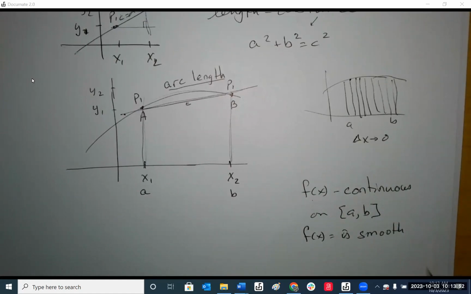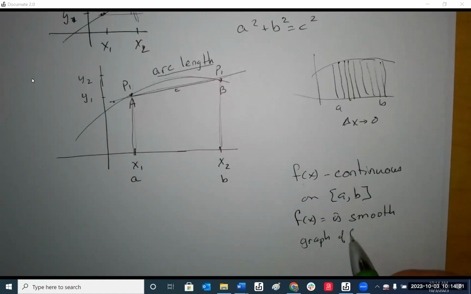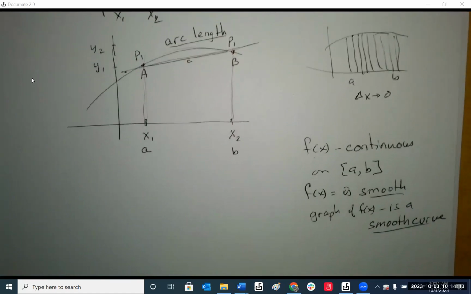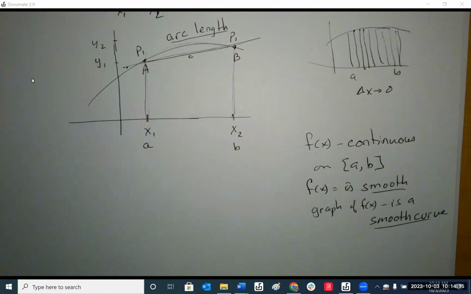Since the function is smooth, meaning there's no discontinuities anywhere, the graph of f of x is a smooth curve. You'll hear those words a lot used in calculus. It's a smooth curve, a smooth function, which means there are no discontinuities, no anomalies of any sort.